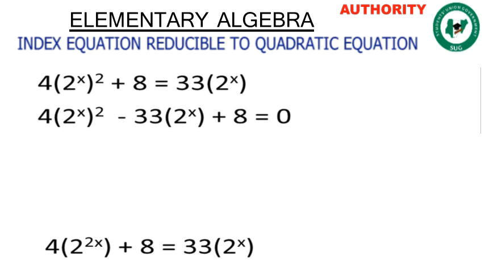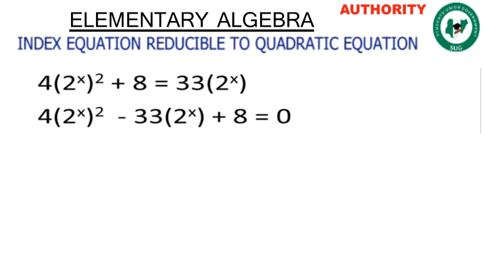Good, let's go. We're going to have 4(2 raised to power x) raised to power 2. Now, those terms on the other side, let's bring it to this side. So, as it is coming, the sign will change. It will be negative. It will now give you minus 33(2 raised to power x), plus 8 is equal to 0.